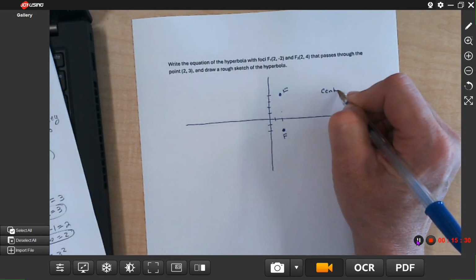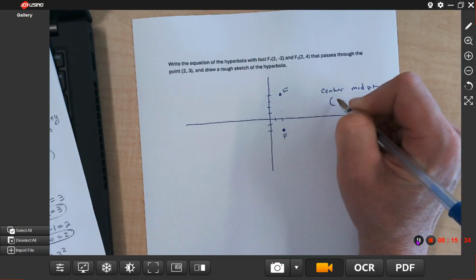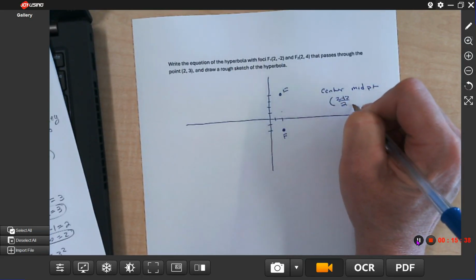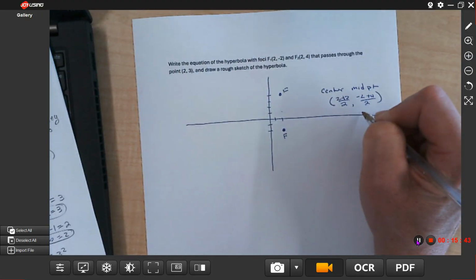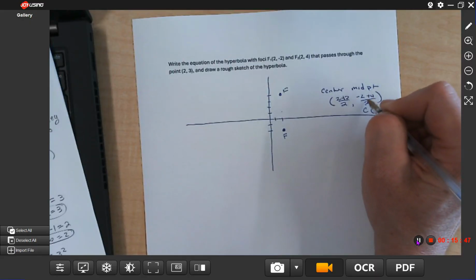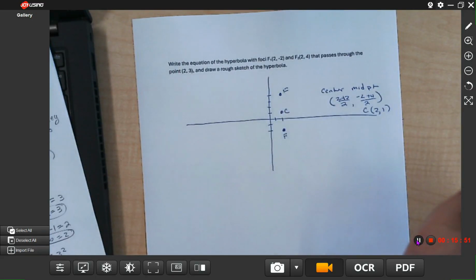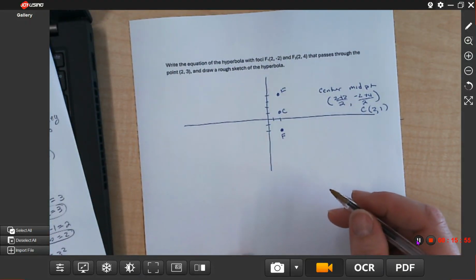So the center is the midpoint. So I would do 2 plus 2 over 2, -2 plus 4 over 2. So the center is going to be 4 over 2 is 2, 2 over 2 is 1, so 2, 1. So that's the center.